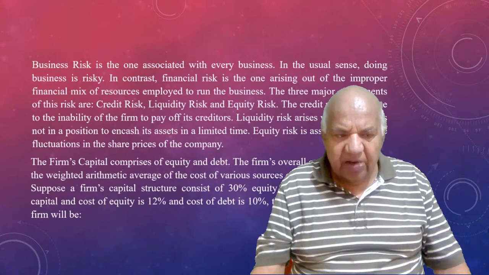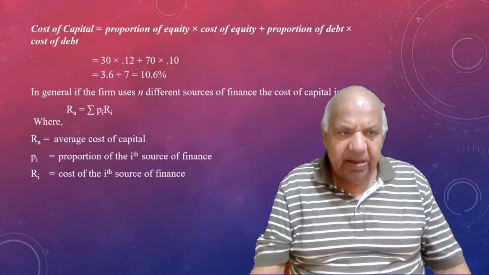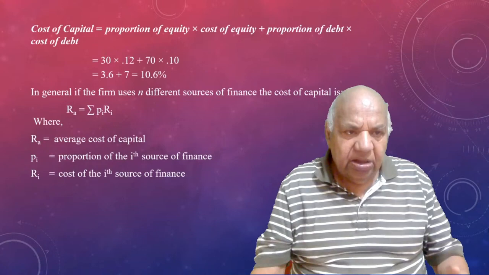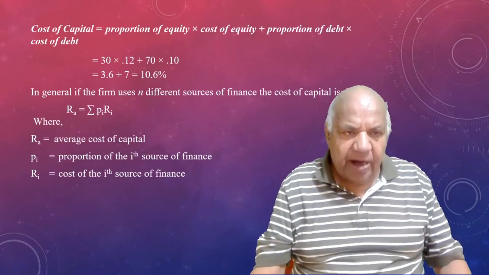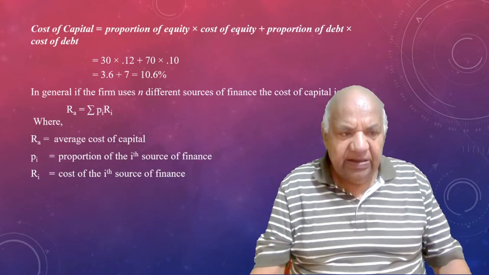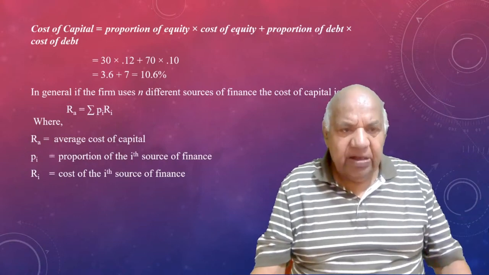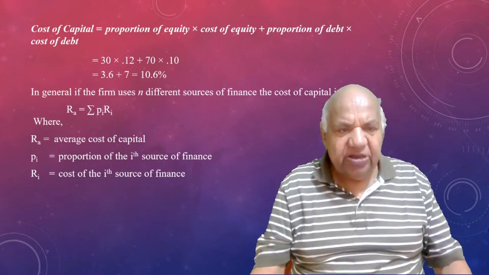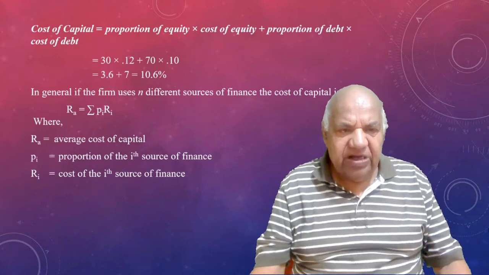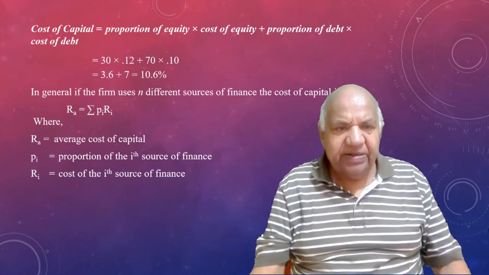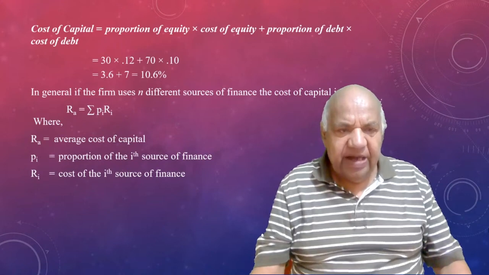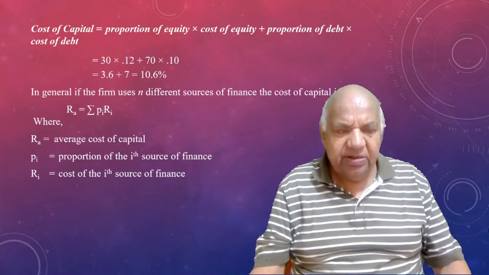The cost of capital for the firm will be 30 multiplied by 0.12, where 30 is the proportion of share capital, equity, and 12% is its cost, and 70 is the proportion of debt multiplied by 10% of its cost. It comes to 3.6 plus 7, that is 10.6%.